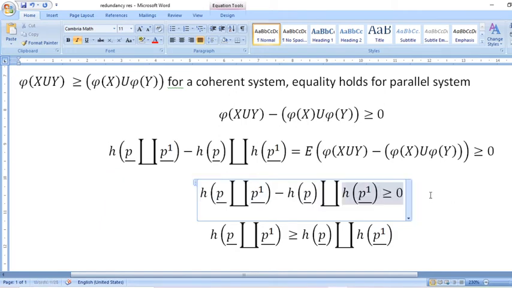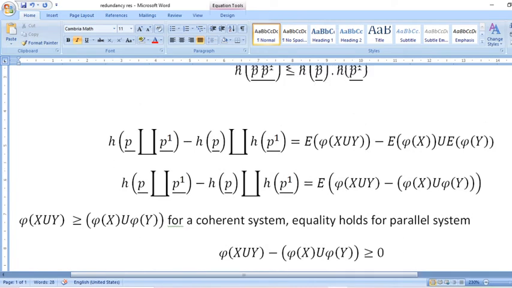Greater than or equal to 0, that is equal to say that h of p union p dash greater than or equal to h of p union h of p dash. Okay, so this is the first part of the theorem.